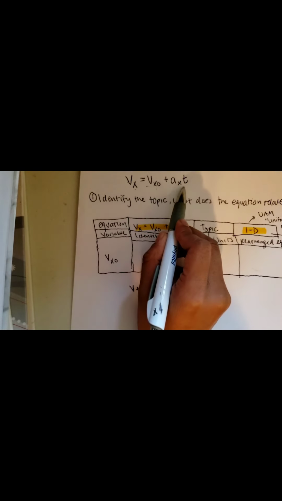So what this equation is saying is my velocity, we look at the subscript, in the x direction, is going to be equal to my velocity, and then I look at the subscript, in the x direction again, and then it has this little 0, that stands for naught, which means it is our original.